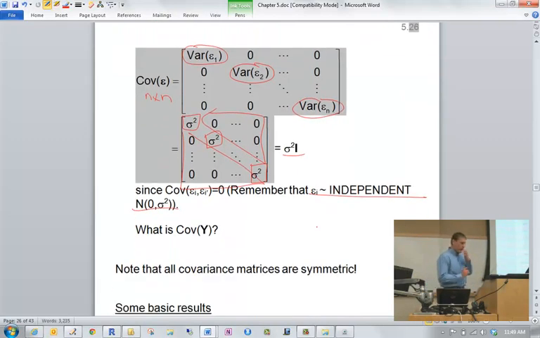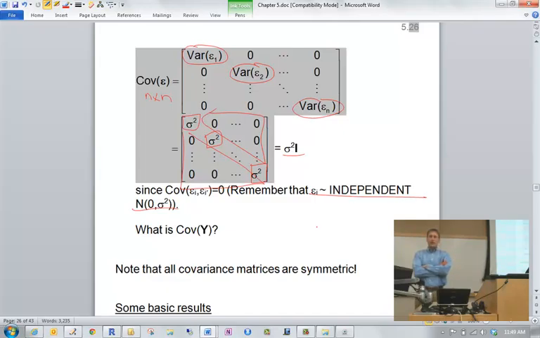What's the covariance of Y? Well, let's think about what Y contains. It has epsilon, and it has the expected value of Y. So you can think of beta 0 plus beta 1 times x.